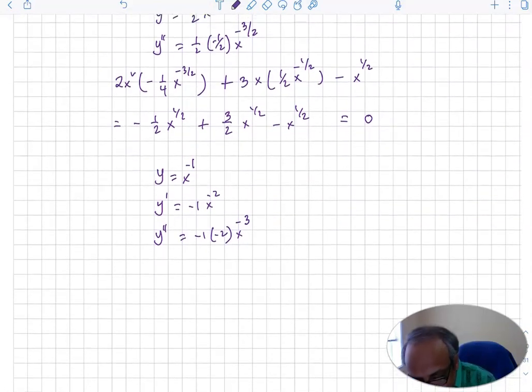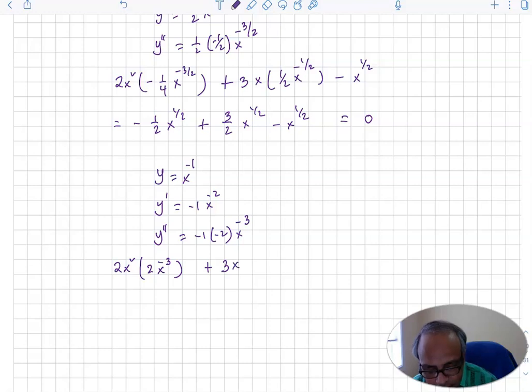So 2x square times y double prime, which is 2 x to the power minus 3, plus 3x times y prime, which is minus x to the power minus 2, minus y, which is x to the power minus 1.